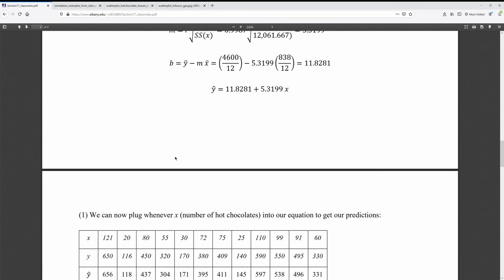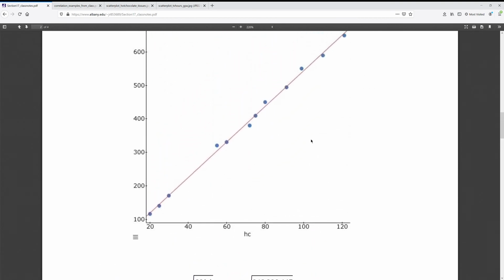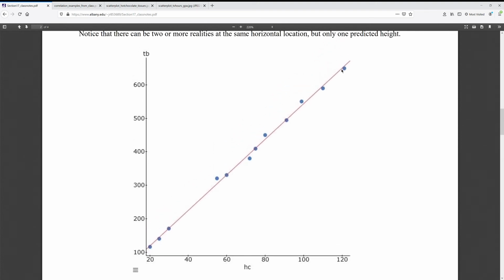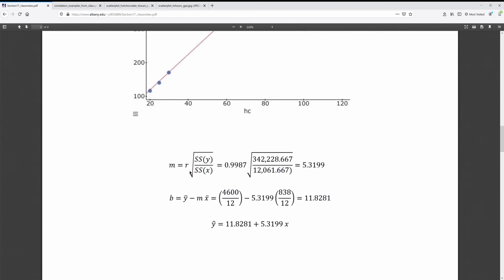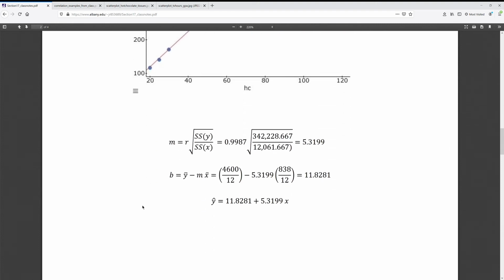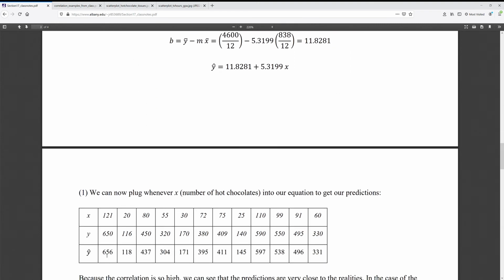What are we talking about, 121? So it's this maximum dot over here. So the height of the dot is at 656, and the height of the line is just below it at 650. Height of the red, 650. Height of the reality, 656. Slightly underestimating in this particular case, but still very close.